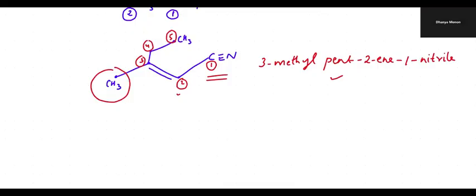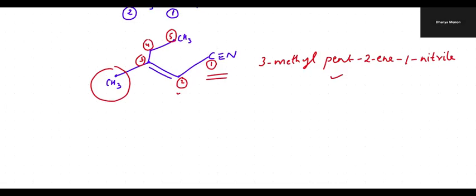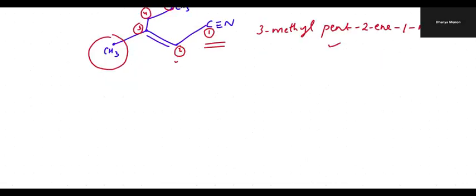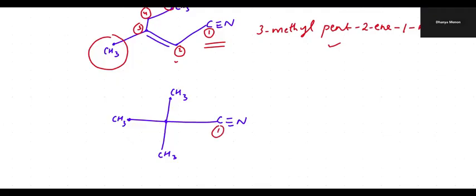Coming to the next compound. Suppose you're asked to name this compound, C triple bond N. There's a CH3 group, there's a CH3 group, and here also there's a CH3 group. Definitely the numbering will be from the functional group. This is number 1, number 2, and number 3.